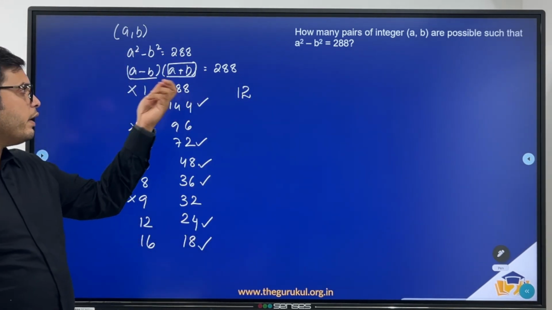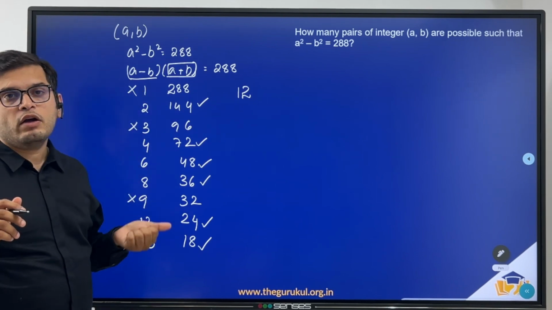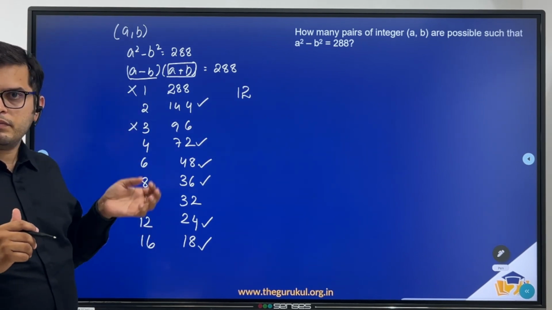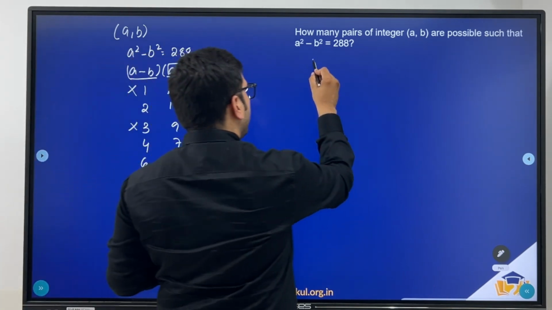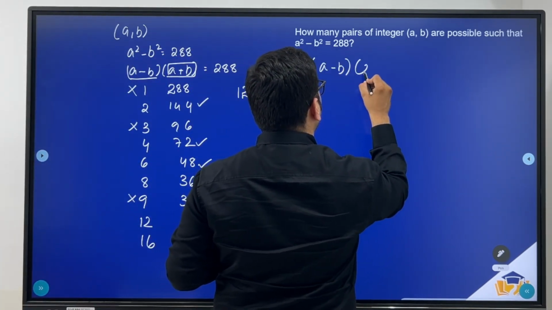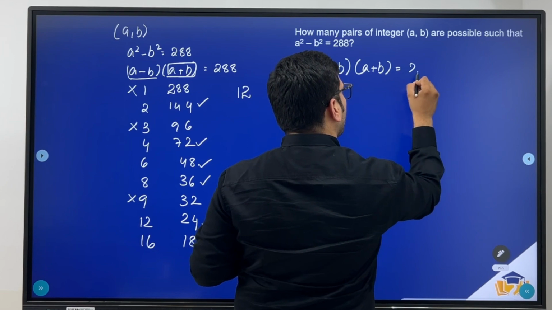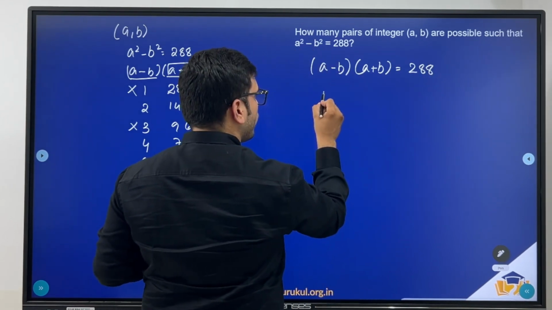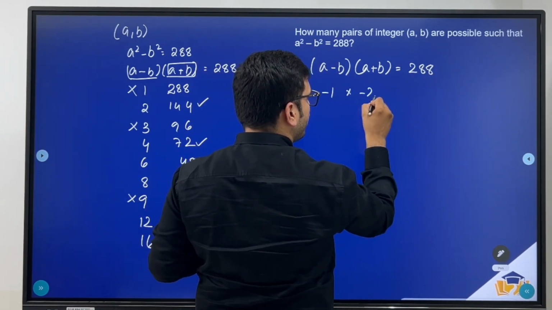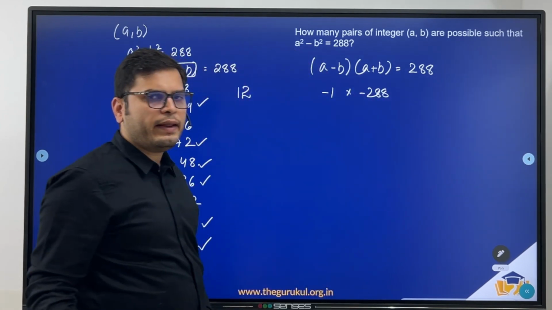Now when we write down the positive factors of 288, again a minus b into a plus b is equal to 288. Then we can also write that as minus 1 into minus 288 because a and b can be negative.